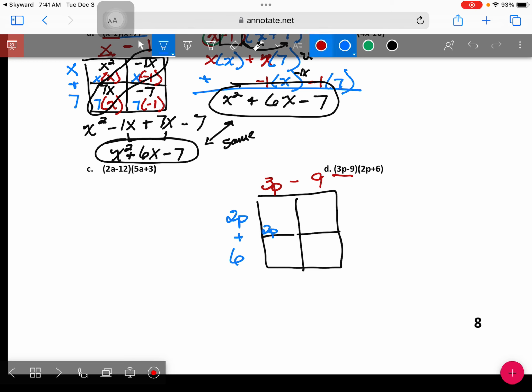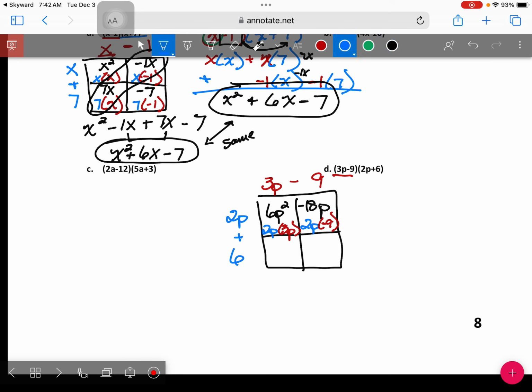So that's 2p times 3p. So 2 times 3 is 6. And p times p is p squared. So then I take 2p times the value above, which is -9. 2 times -9 is going to be -18p.